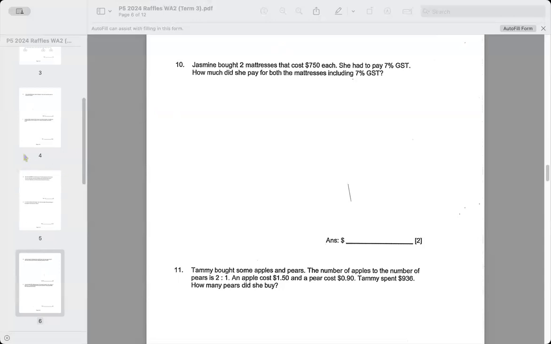Okay, so for Jasmine, she bought two of them. Each is $750. So the total that she paid for two mattresses will be 2 times $750, which gives us a total of $1,500. Take note, this one is without GST.